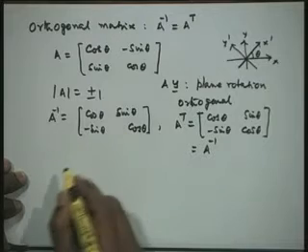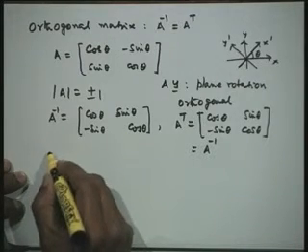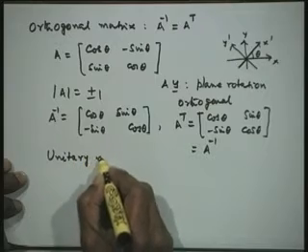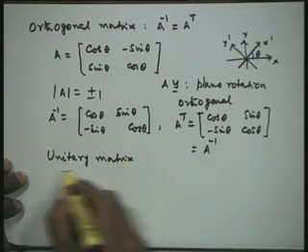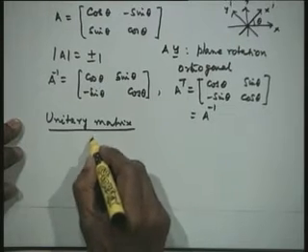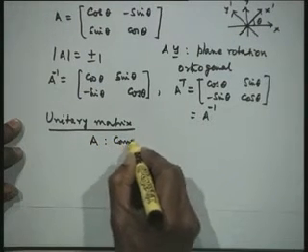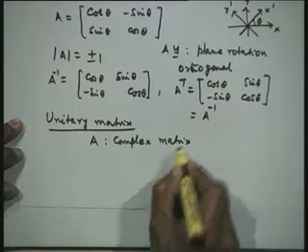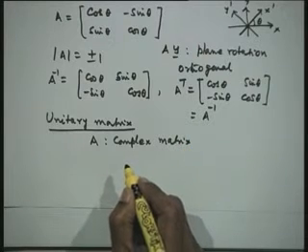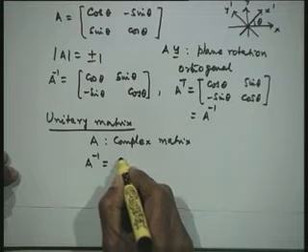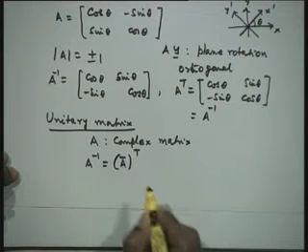If A is a complex matrix, then I would define what is known as a unitary matrix. We will call it a unitary matrix. Again we are taking A as a complex matrix. The definition is A inverse is A bar transpose.